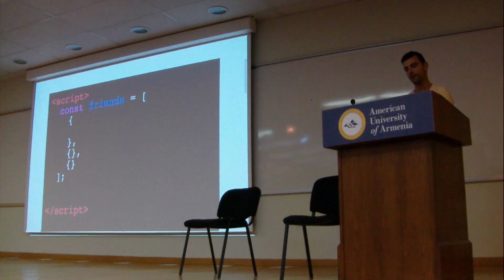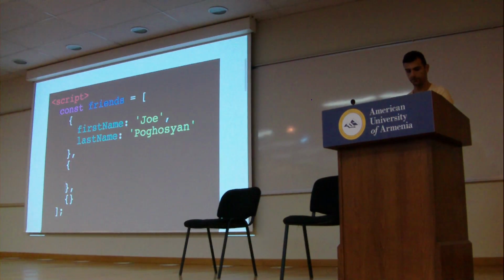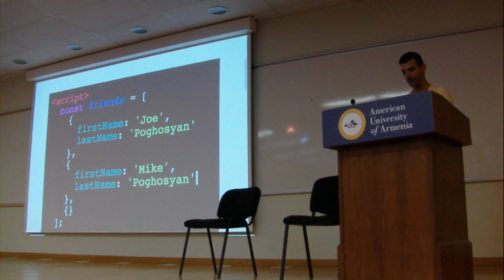Let me just say first name is Joe. Last name is Bogosian. I have another friend, Mike Bogosian. Oh, but it's a Bogosian with an I, because, you know, how many guys?